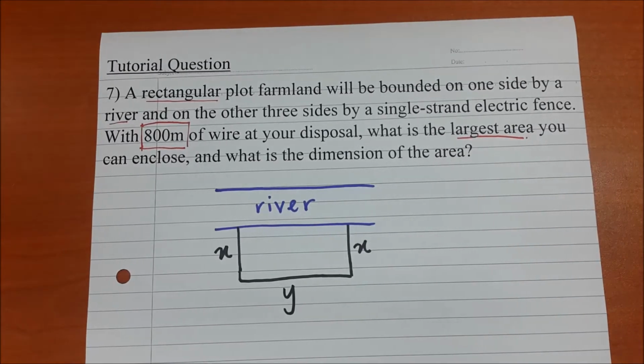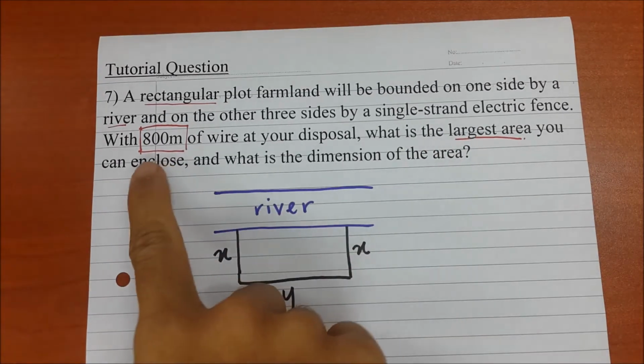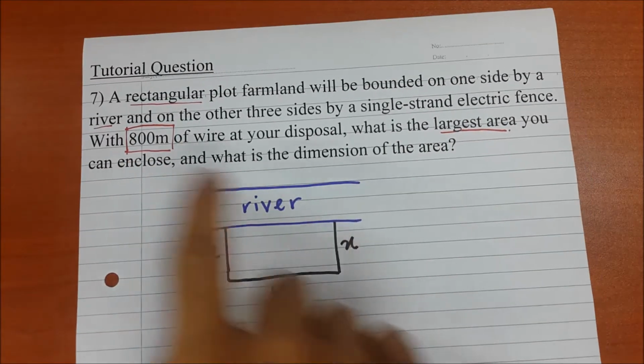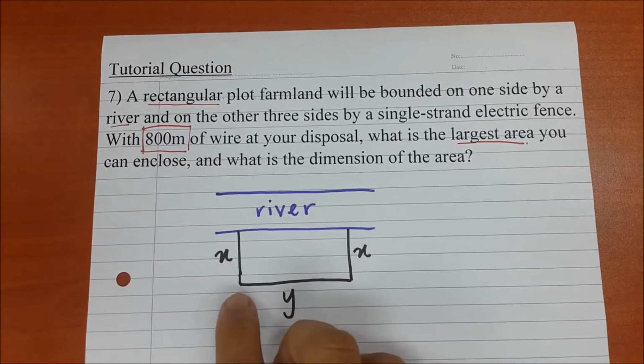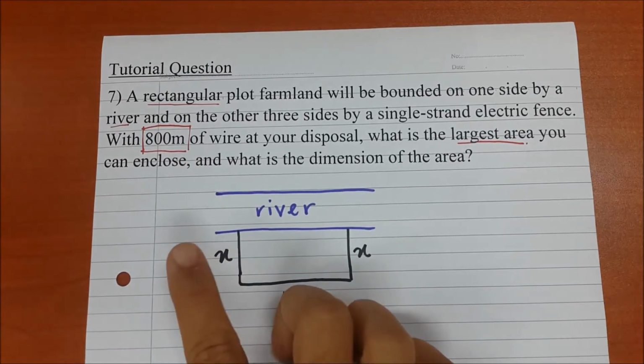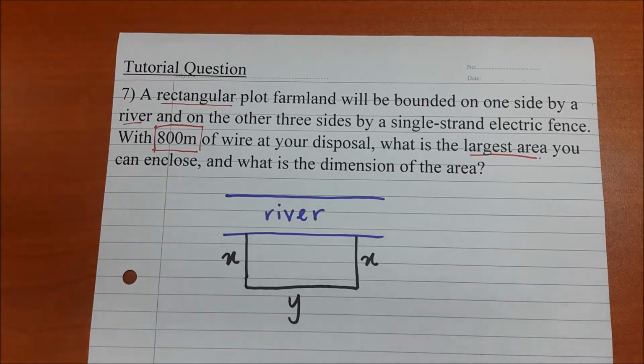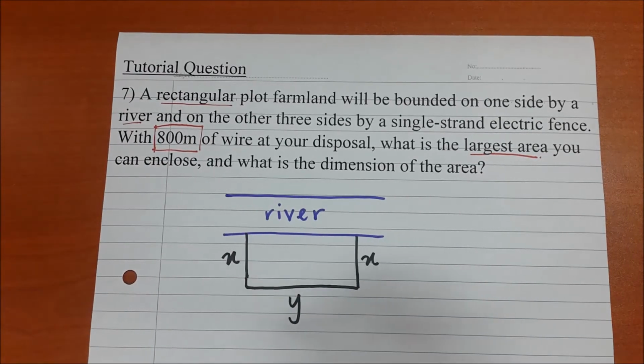Alright, so the question asks what is the largest area, but we also know that the length of the wire is 800 meters. That length, 800 meters, is basically our perimeter.